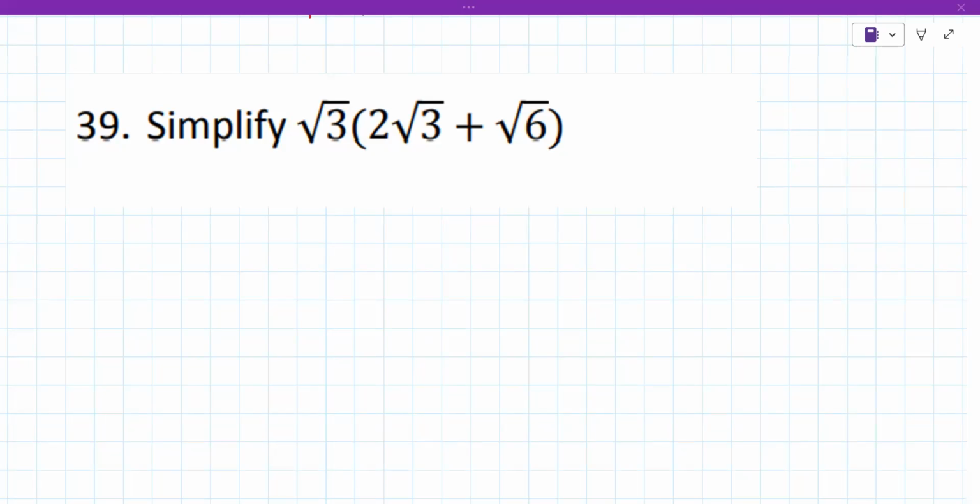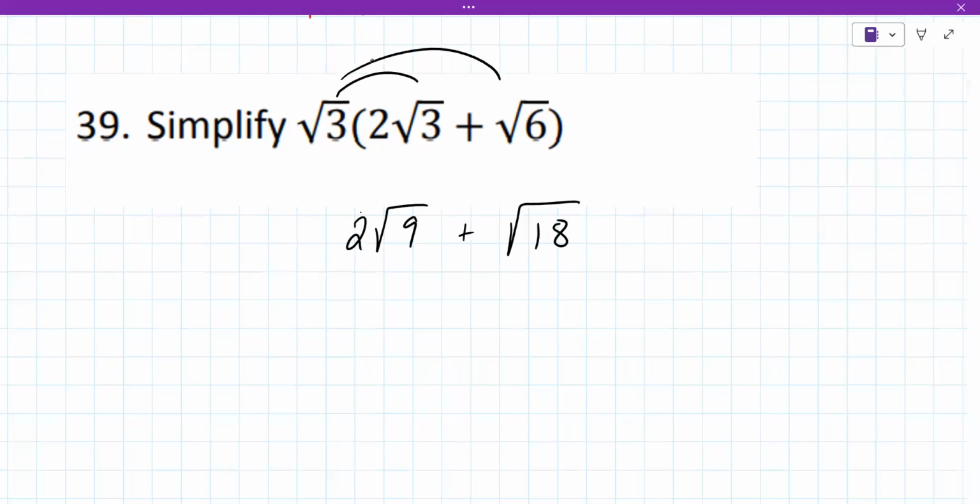I don't think you can combine those. So this becomes 2 square root of 9 plus the square root of 18. You multiply the roots. Okay. So then it becomes 6.